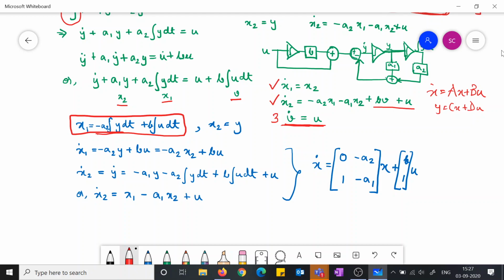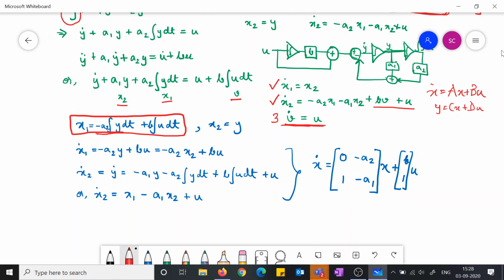States are not necessarily identified with the internal variables of the system. They can be any combination or permutation combination of those variables also. However, the number of state variables that you will define in order to get minimal representation will always be equal to the order of the system.